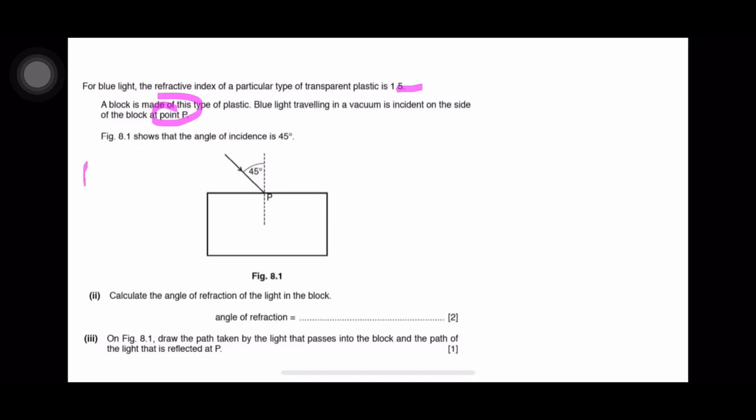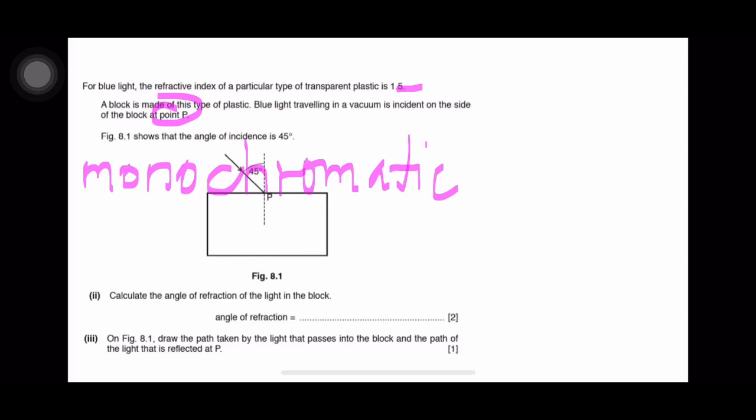Therefore, if it's made of only one color of light, we call it monochromatic, a single color of light. Now, figure 8.1 shows that the angle of incidence, angle I, is 45 degrees. Now, first one, calculate the angle of refraction, R, of the light in the block.